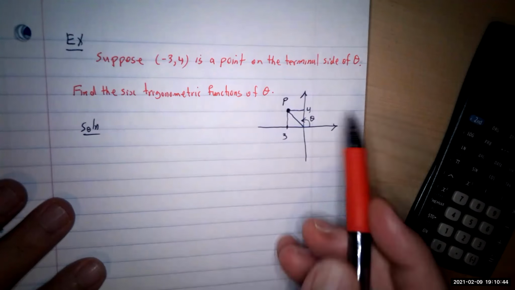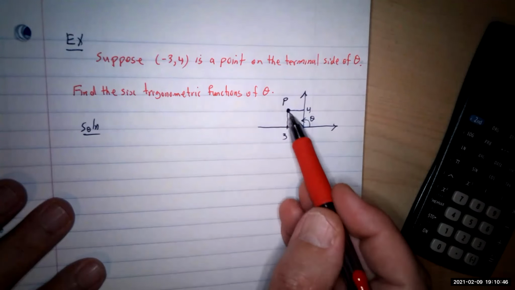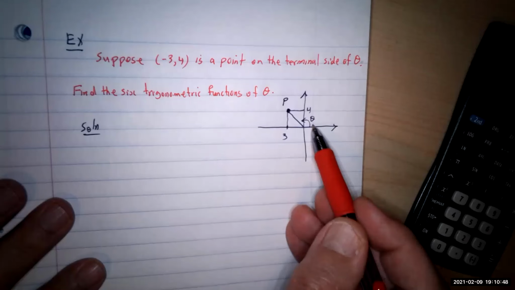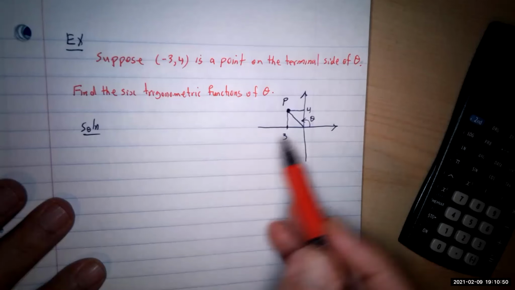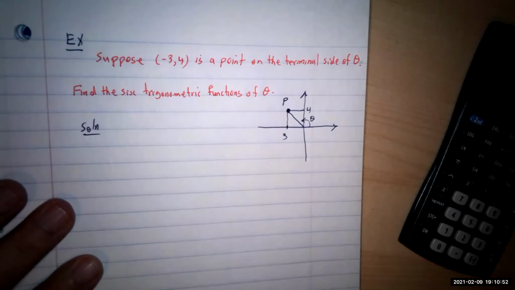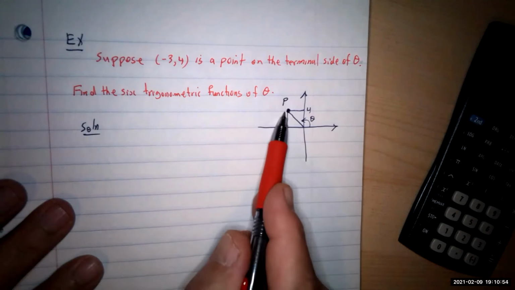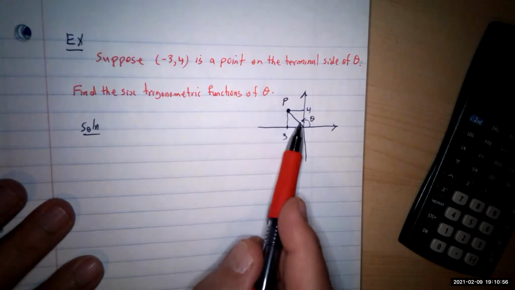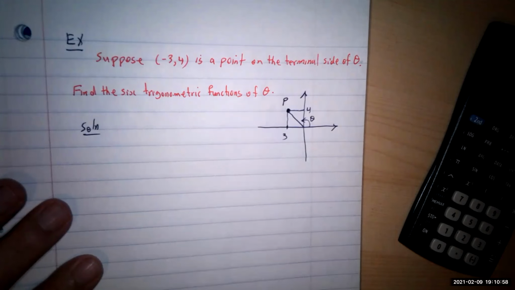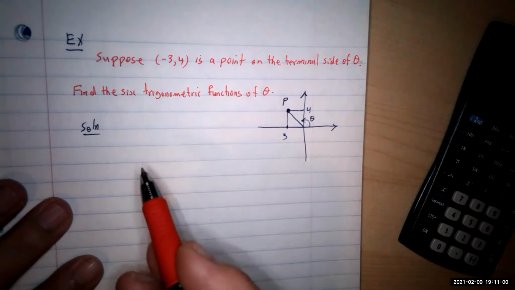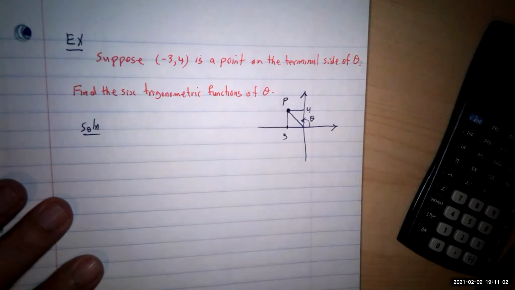We have to find the R. The angle would be represented by the information that we have. We have to find the R, the same thing.